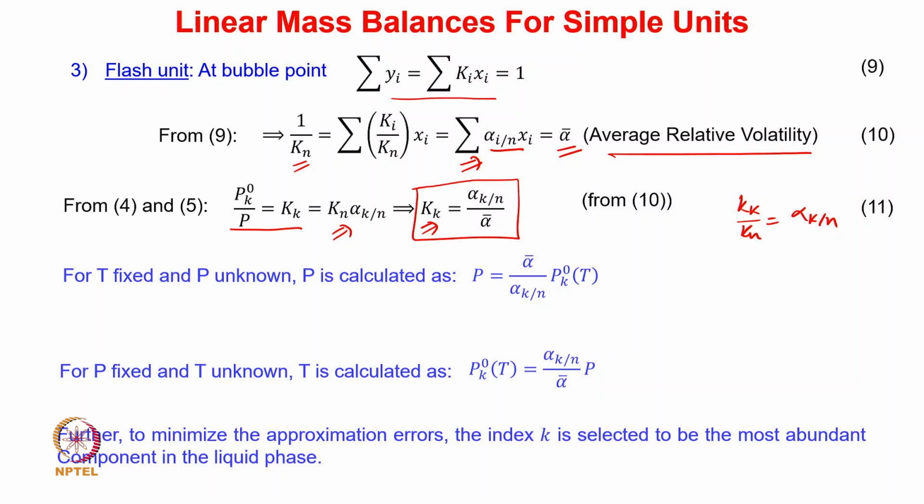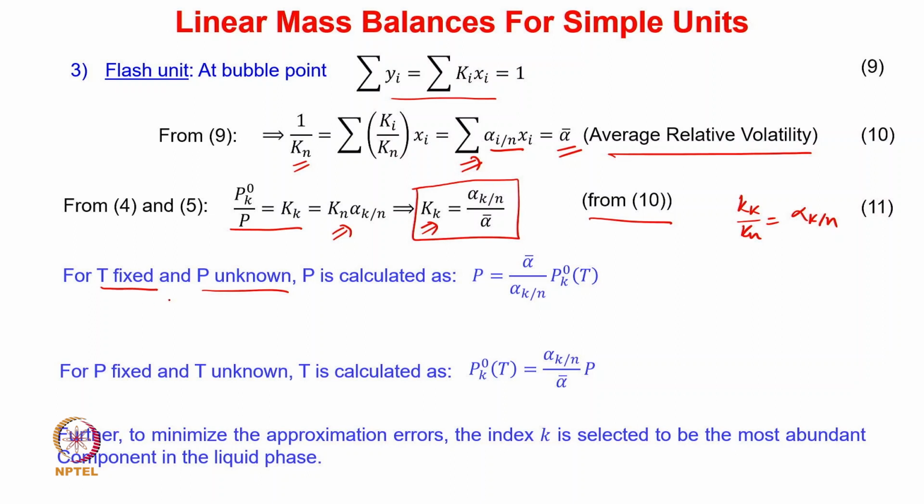Okay, so once we have got this equation 10, we can interchangeably find out pressure, temperature, and the split fraction. So let's say zeta is fixed, and once zeta is fixed, then either T has to be fixed or P has to be fixed.